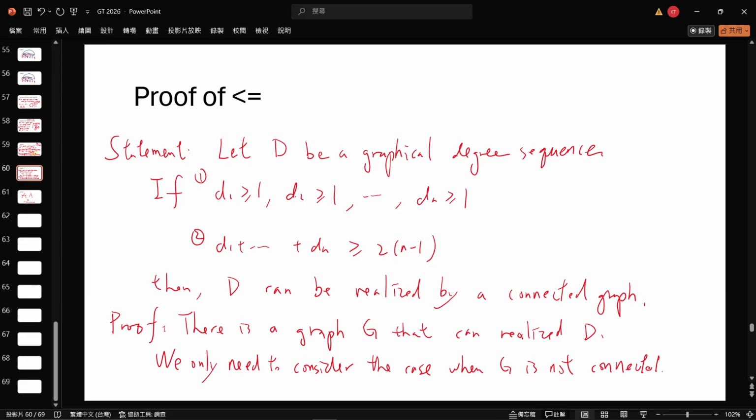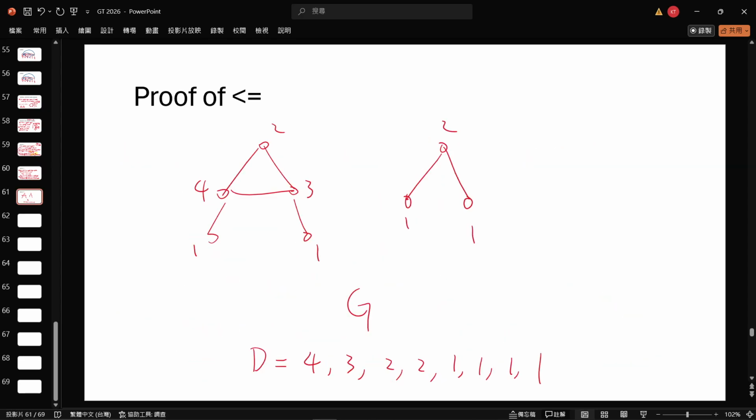And you can also check this degree sequence satisfies these two properties. Clearly there's no isolated vertex, and all degrees are greater than 0, and we can count the total degree. So what is the total degree here?